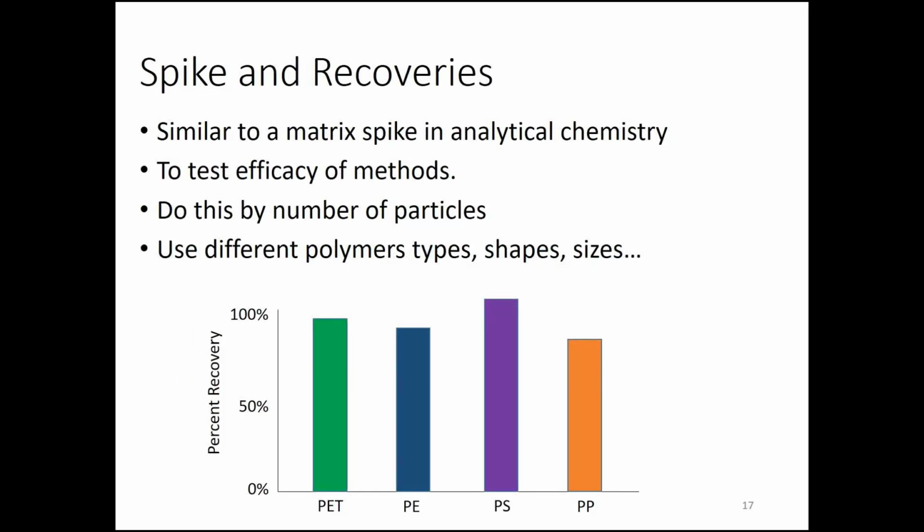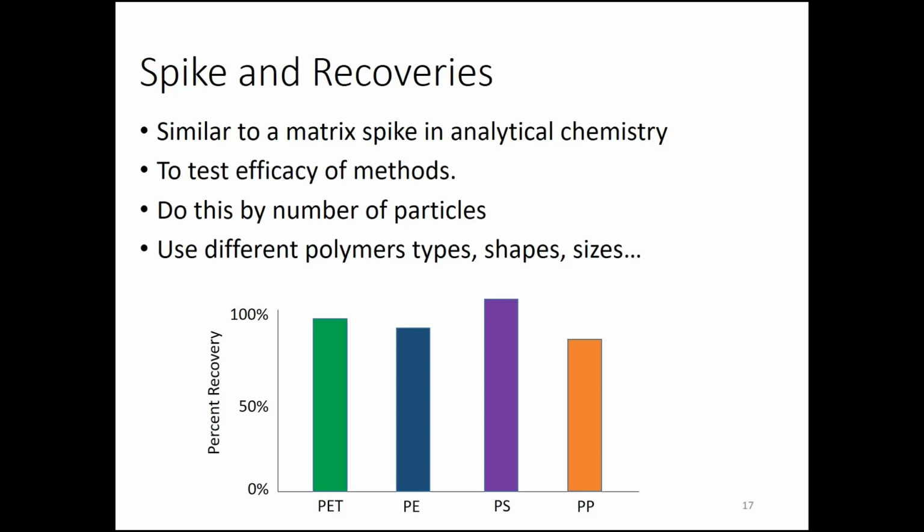Then we mentioned that we have different standard operating procedures, and we have measured the recovery of every single one of those extraction protocols to make sure that we feel good about the extraction or the recovery of each of our extractions. So we aim for more than 80% recovery. The way that we do this is we create a matrix in our lab. So if it's fish, we'll just buy fish from the market and cut up a fillet and spike it with microplastics.